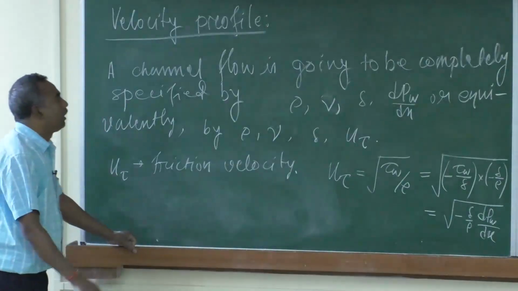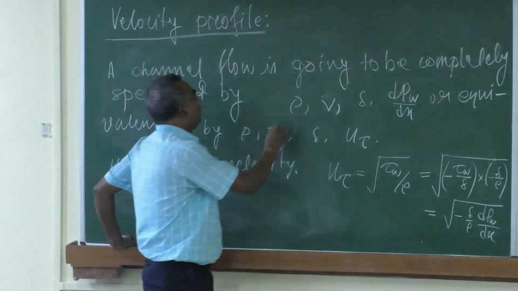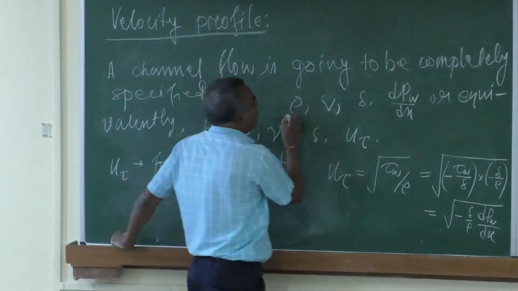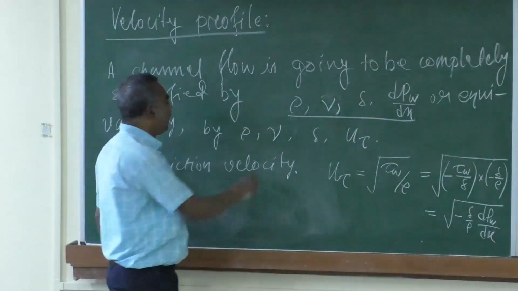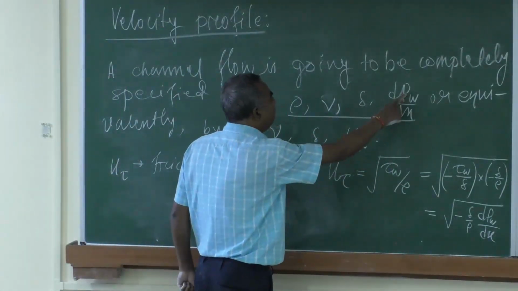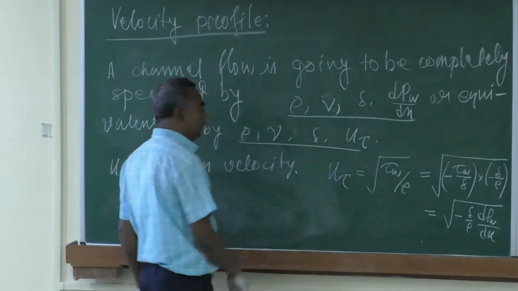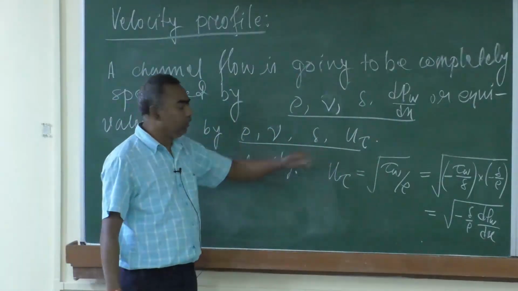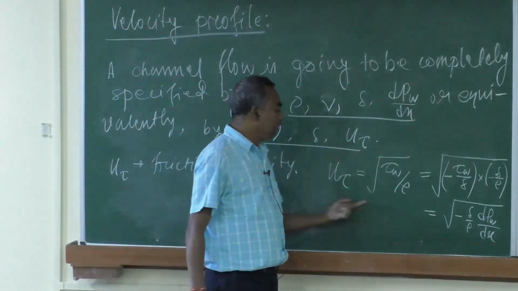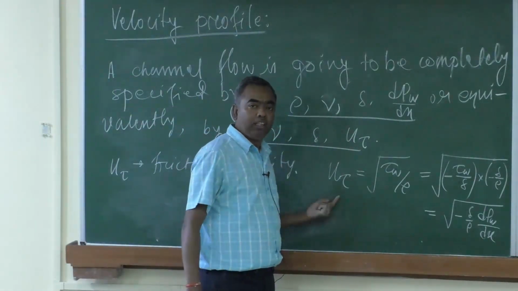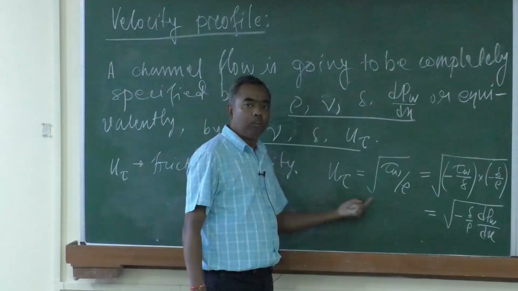That is what we said, that a channel flow is going to be completely specified by these variables, where dp w dx is usually related to the friction velocity u tau. The friction velocity is the velocity scale appropriate for close to the wall.